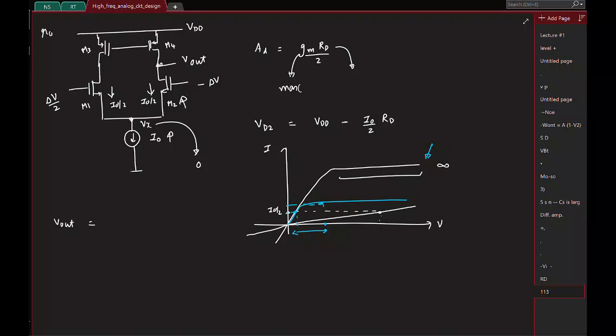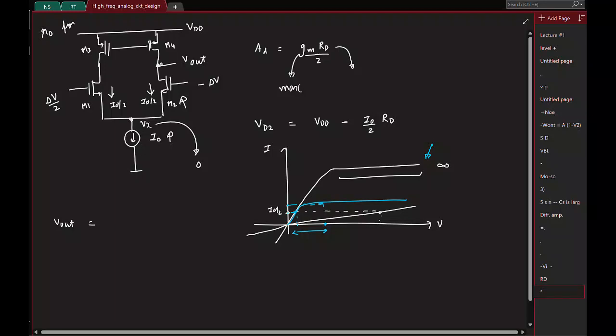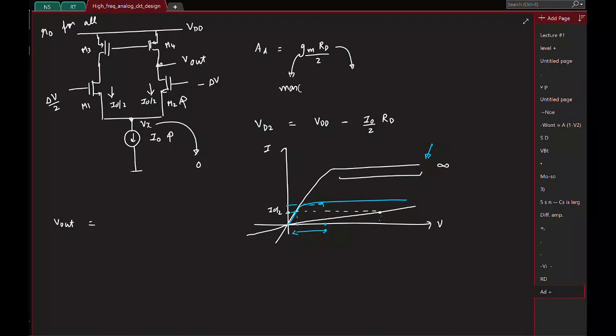Let's assume R0 for all transistors. There is no RD. So first of all, what is the incremental current flowing in the transistors? Okay, first let's quickly draw the half circuit. So let me draw the right half.